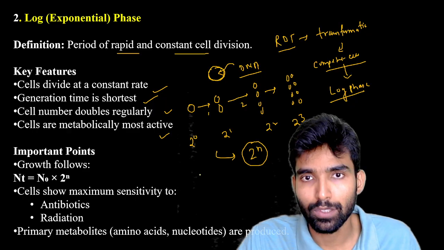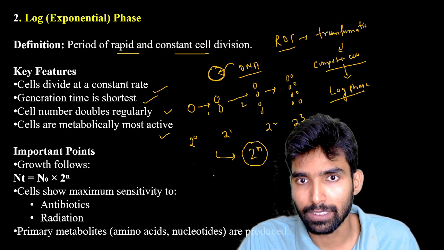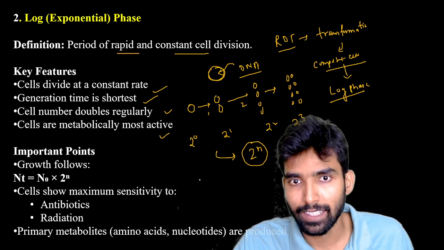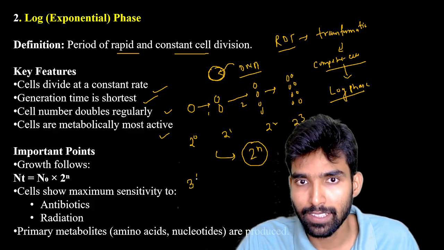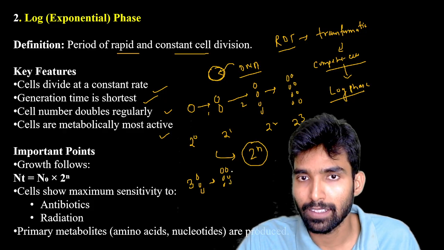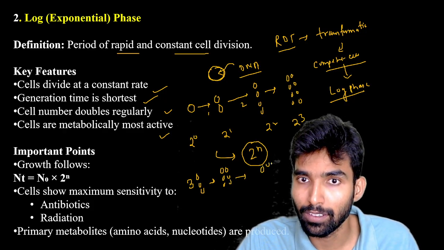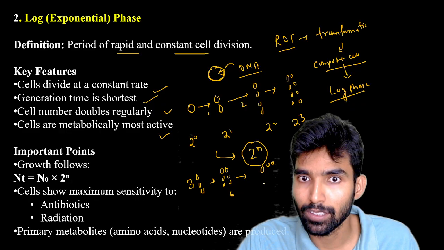Now, if I start with 3 bacteria, then what will be the number? Then it will be 6, right? From 6, it will be 12.